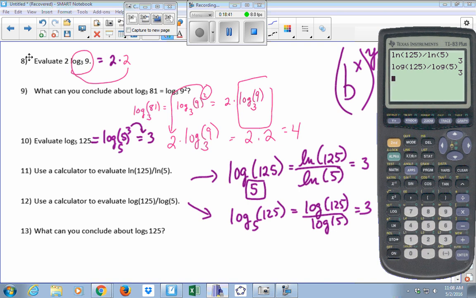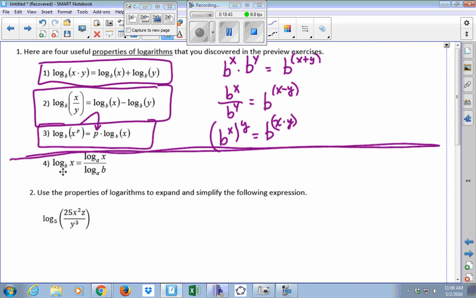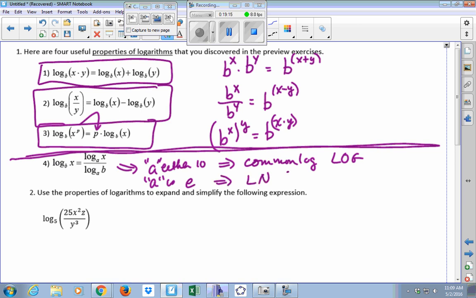The fourth property is written as log base b of x. Now notice, we don't know how to take log base b of x, so we convert the right-hand side to a log we do know. A is either 10, so we're using the common log button, LOG, or A is E, and therefore we would use the LN button, the natural log.